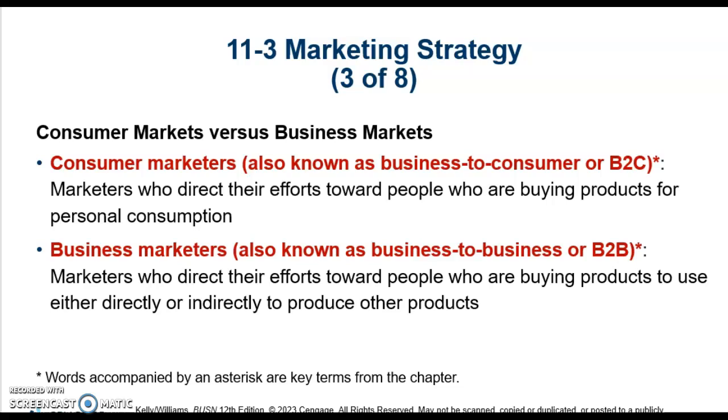A similarity between business to consumer and business to business marketers is they both need to select the best target. However, their approaches to achieve this target differ slightly because of who they're selling to.